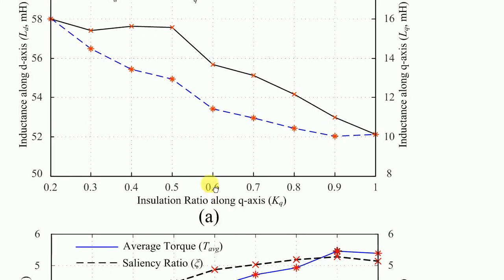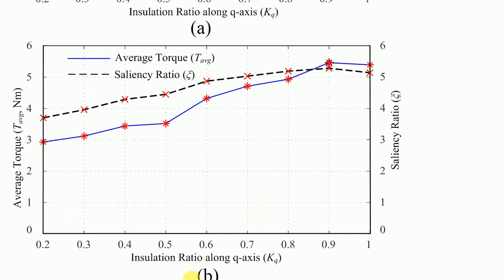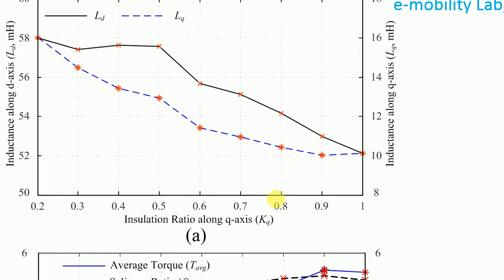Between 0.6 to 0.8 you can see here the torque and saliency profile. There is not much increment in its torque. Why? Because between 0.6 to 0.8 the variation in LQ is not much higher.